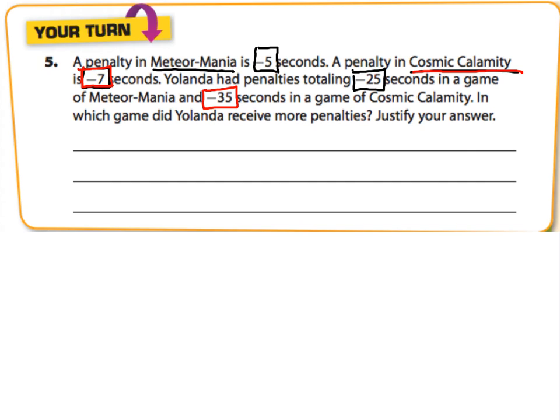So what I know is, in Meteor Mania, those 25 seconds that she lost came in chunks of losing 5. I know that 5 times 5 gives me 25. And I know that in order for 5 times 5 to give me a -25, this one has to be positive. So in Meteor Mania, she had 5 penalties.